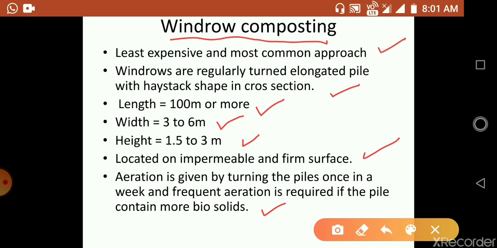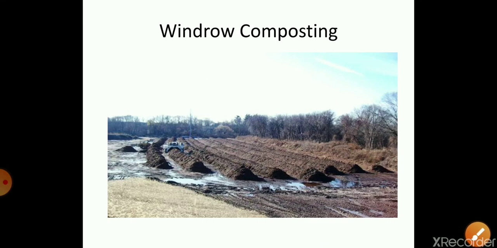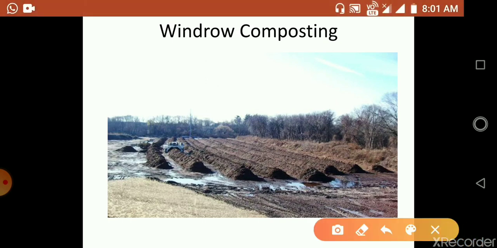I'll show you the figure. This is a photograph of windrow composting, and we can see many rows. These are the rows, and one layer of the biosolids is laid, and over that the soil is laid, and in this way it is created in rows.